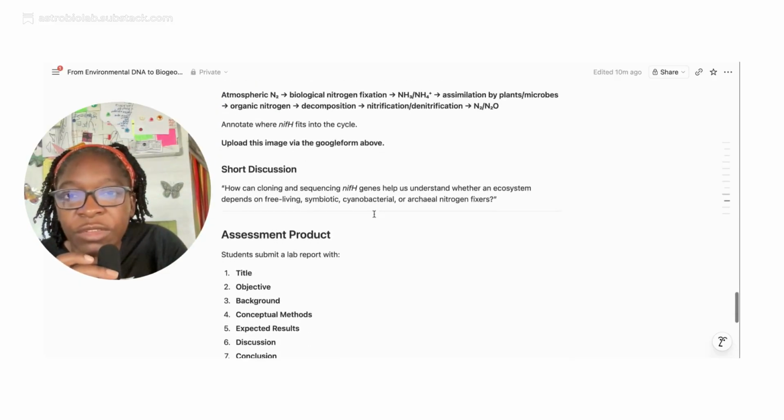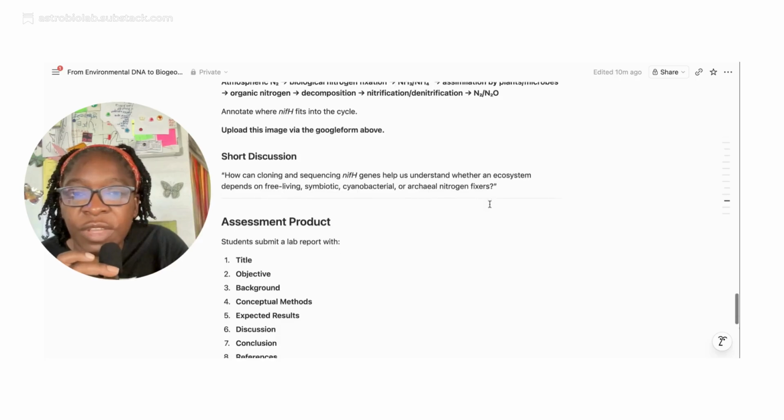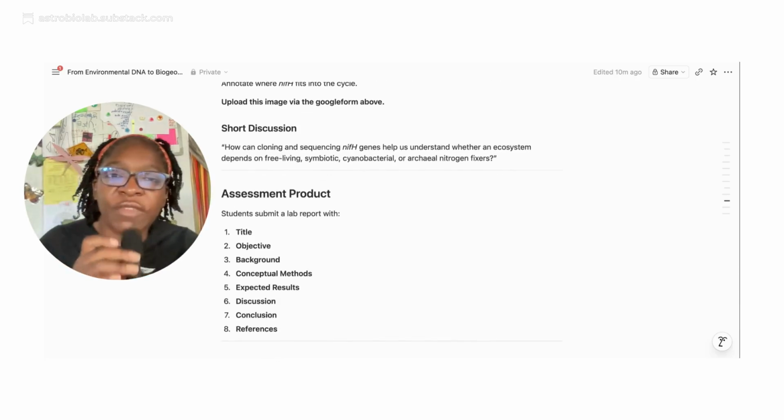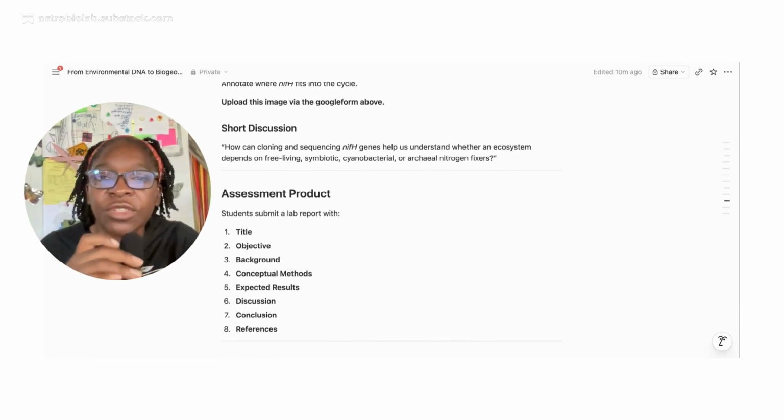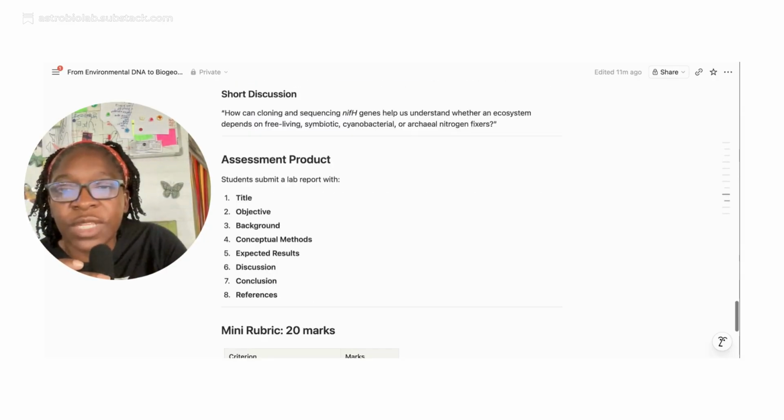Upload this image to your Google form, and then discuss with your peers how cloning and sequencing nifH genes help us to understand whether an ecosystem depends on free living, symbiotic, cyanobacterial, or archaeal nitrogen fixers. So think about that. That's a question which will definitely come up at some point, and you should be able to answer that one after you've looked at all these.